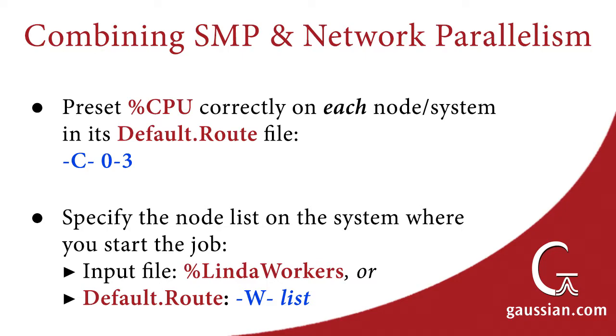This must be done before the job is started, using the -c- directive in the Gaussian Default.Route file on each system. The second step is to specify the list of Linda workers. This can be done in the input file with the Link0 command or in the Default.Route file on the master node using the -w- directive.